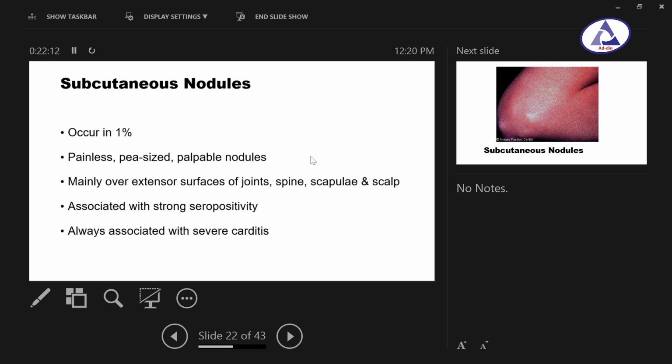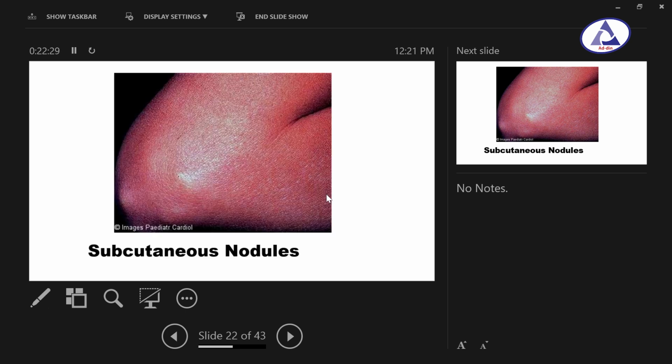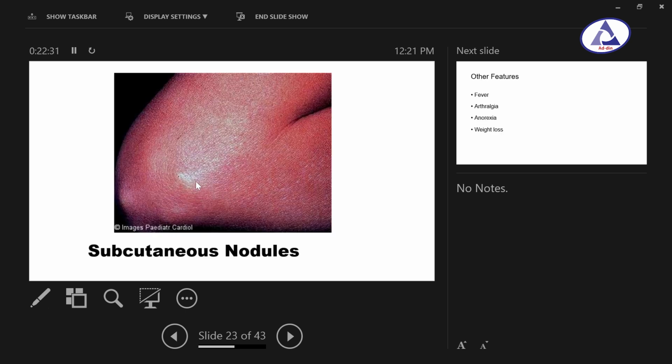This is a painless, pea-sized palpable nodule, mainly over the extensor surfaces of the joints, the spine and the scapula, associated with strong seropositivity and always associated with severe carditis. These are pictures of subcutaneous nodules, which occur on the extensor surfaces, against the bone.